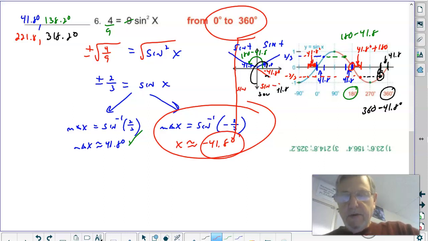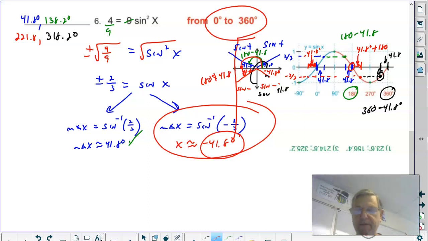The sine is also negative in quad 3. Same reference, 41.8. And how do you get there? We go 180 plus an additional reference angle of 41.8. There's your 221.8. All right, there you have it.